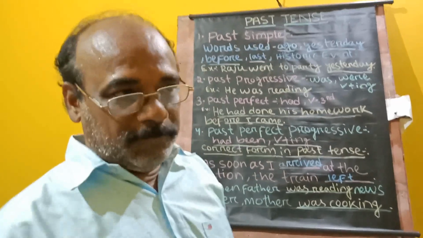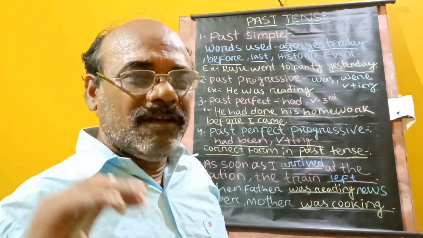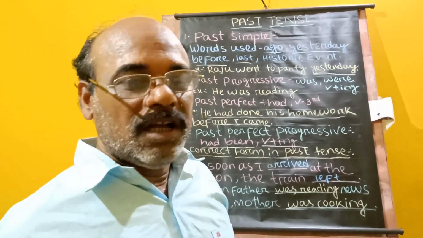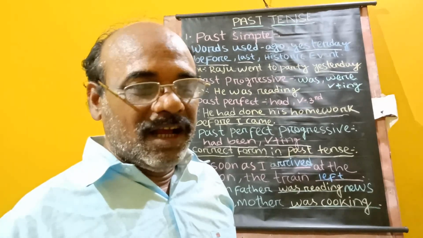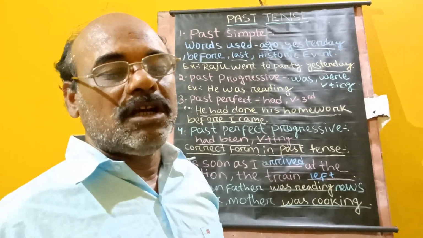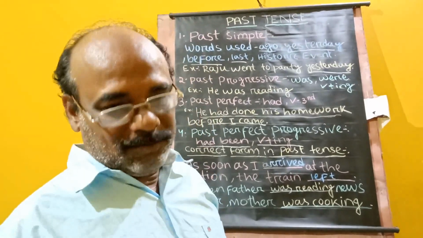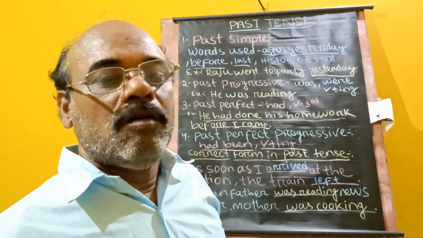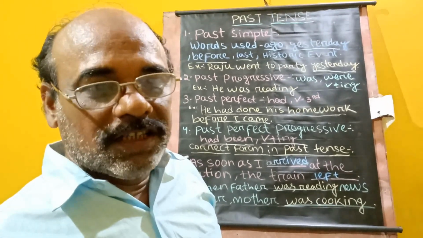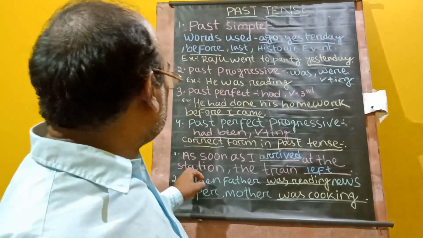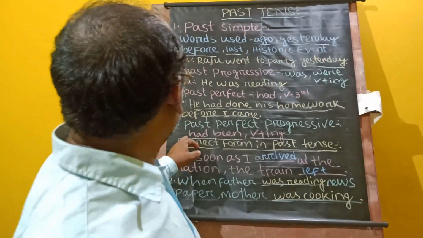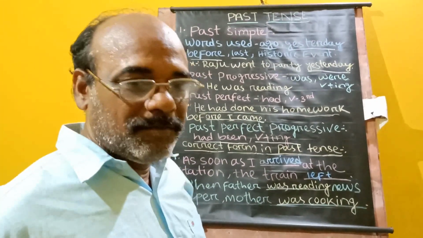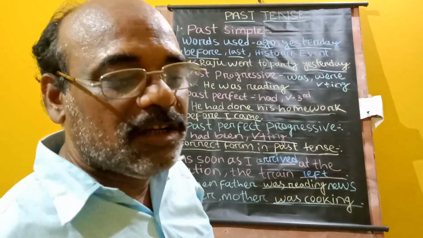When something happened for a long period of time in the past and also ended before, and there is no continuity of that action till today, such an action is put in the past perfect progressive form. Example, he had been living in Puri in his childhood.